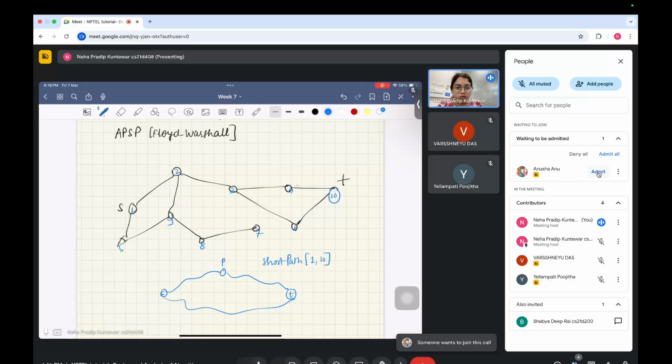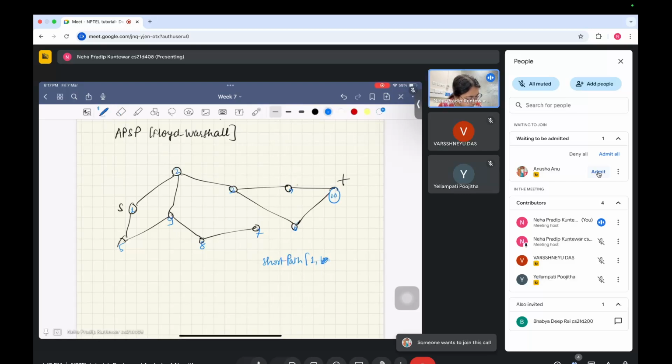First let me find the shortest path from 1 to 10 which uses the node 2, or it may not use the node 2. I'll just add one more parameter here.